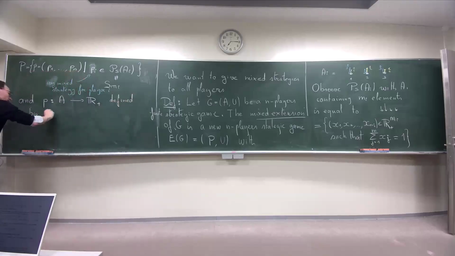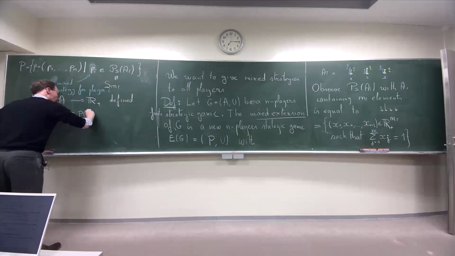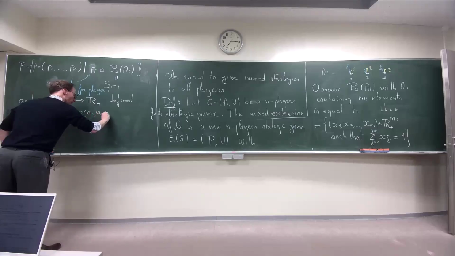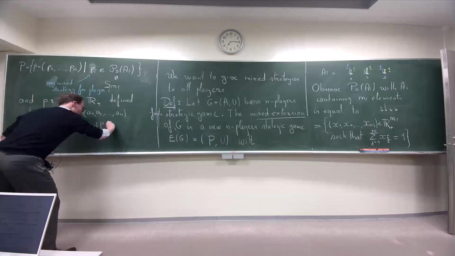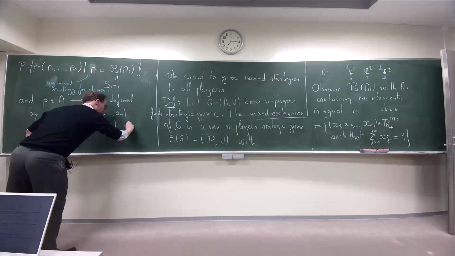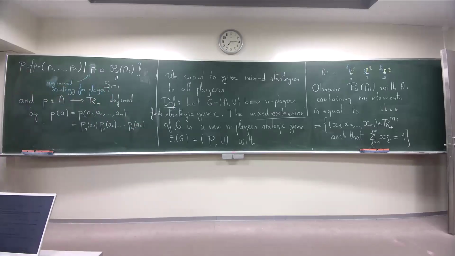So I need to give you this information. P of a, it's P of a1, a2 up to an. And it's quite simple. It's P1 of a1 times P2 of a2 up to Pn of an. Okay, this is probably a bit abstract. I mean, I give a definition.